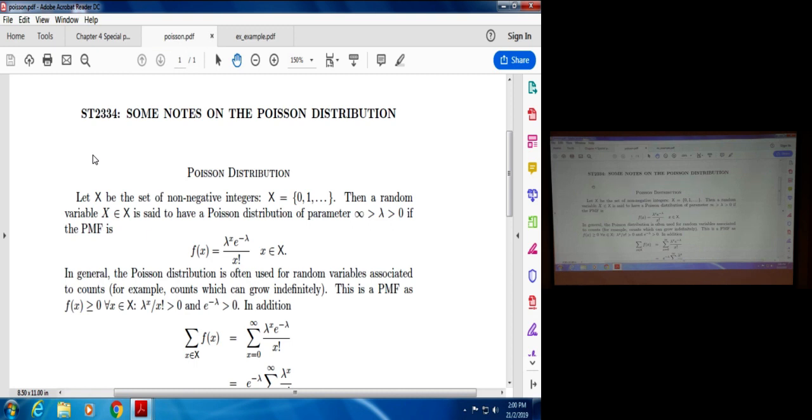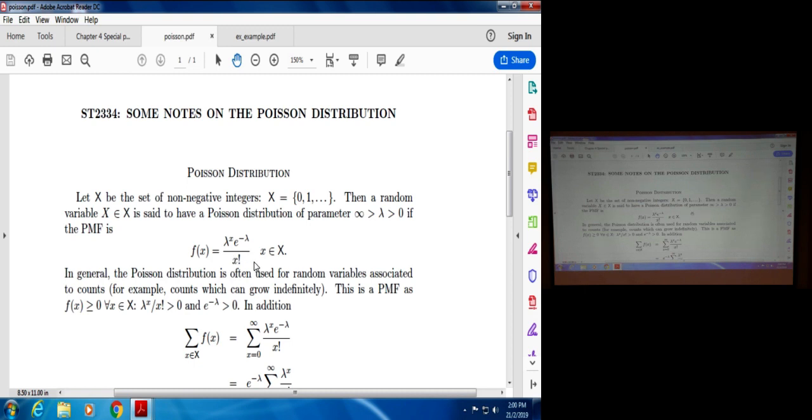Let me remind you, we're looking at a probability mass function. It has a range of values 0, 1, 2, off to infinity, so it's a random variable on the non-negative integers. Remember that such a random variable is said to be Poisson distributed with a parameter lambda, which is some number strictly positive and finite, if the probability mass function looks like that.